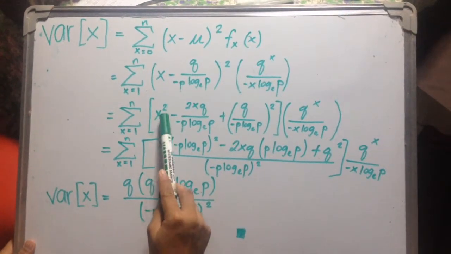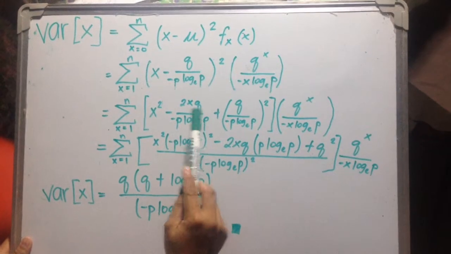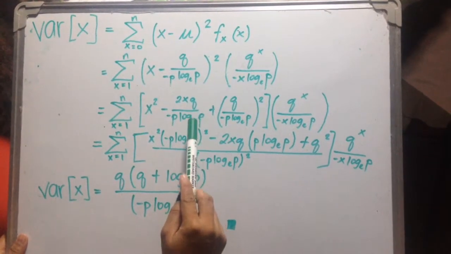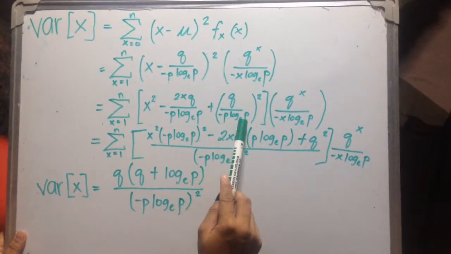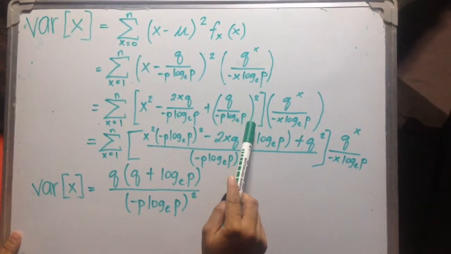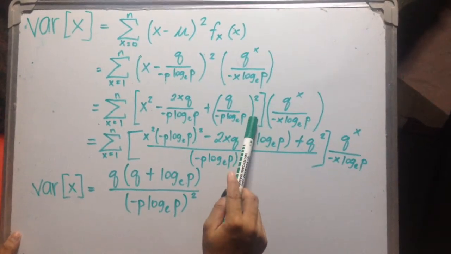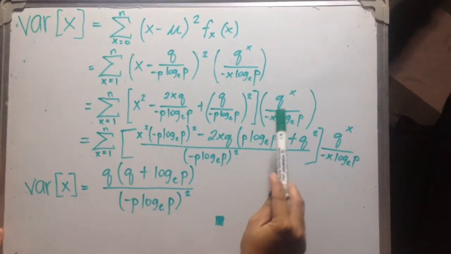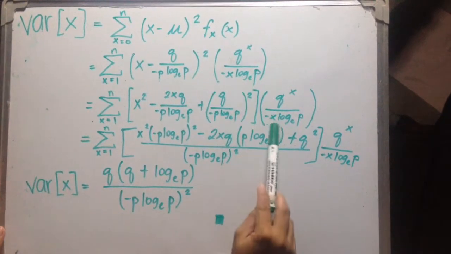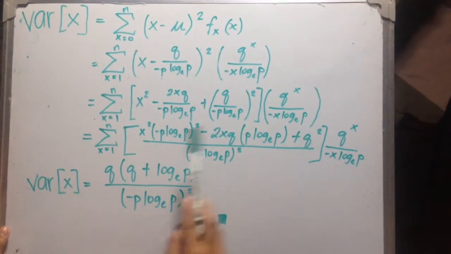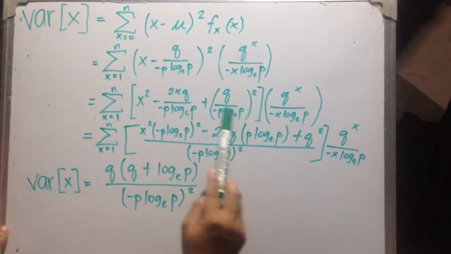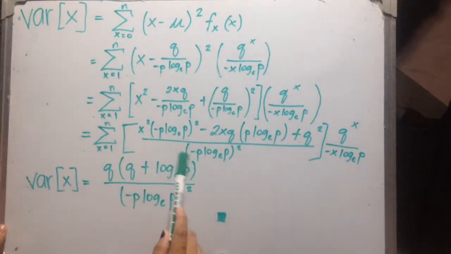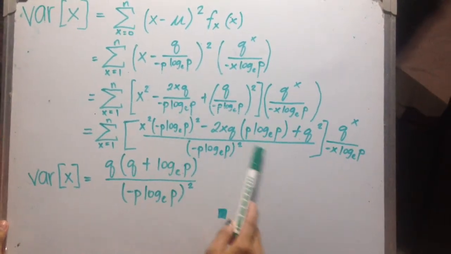So we have x squared minus 2x q over negative p log of p sub e plus q over negative p log of p sub e quantity squared, times q raised to x over negative x log of p sub e. So we're just going to combine it by using the LCD.